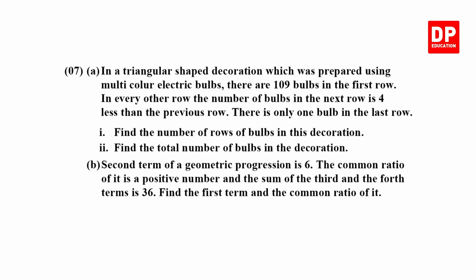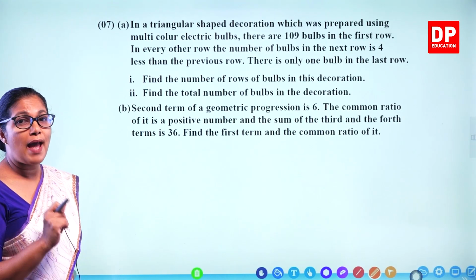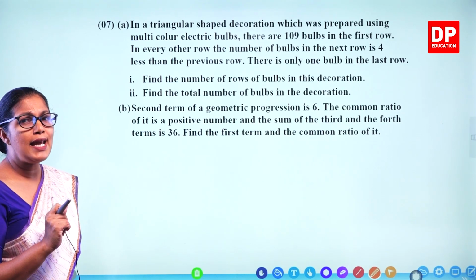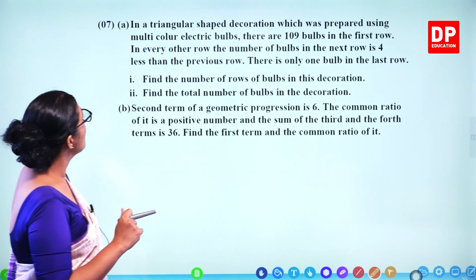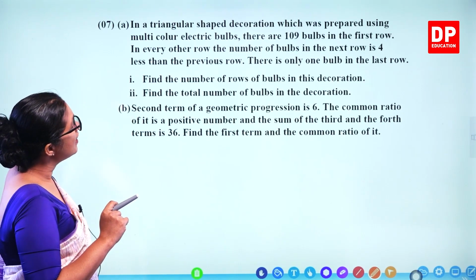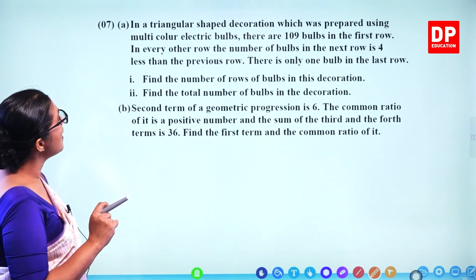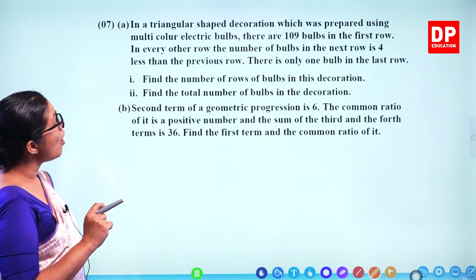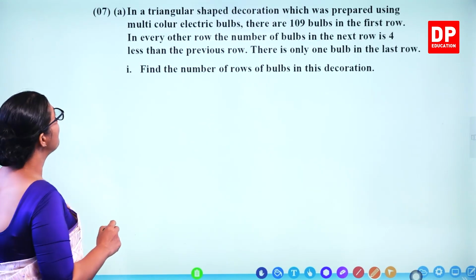Now let's do paper 2 part B. So again you get 6 questions and you have to select only 5 questions. So the first question in part B, what do you get? First one, 2 parts are there. This is about number patterns. So let's do it separately.